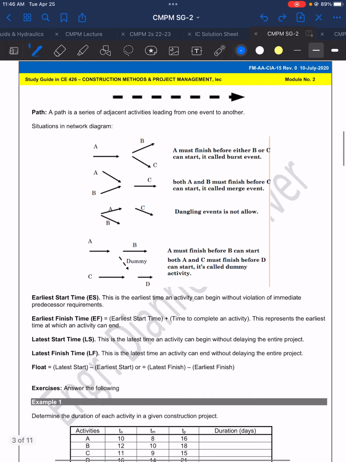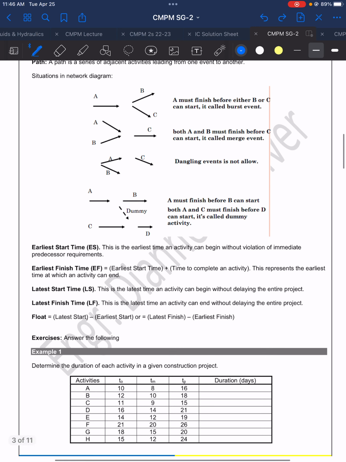Next, we need to remember what a path is. A path is a series of adjacent activities leading from one event to another. And then what we need to remember when it comes to the arrows, here this signifies activity A, activity B, and then activity C. If this is the orientation of our network, it only means that A must finish first before either B and C can start.